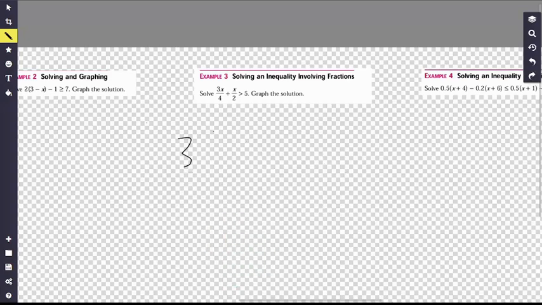We'll do pretty much the same to an inequality. We're going to multiply by 4 in this case. So we'll have 3x multiplied by 4 divided by 4, so the 4 cancels out. We didn't have to write it, I just wanted to show you guys. Plus 4x over 2, and 4 divided by 2 gives us 2x. It's going to be bigger than 5 times 4, which is 20.